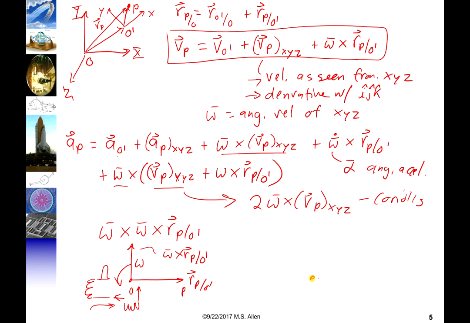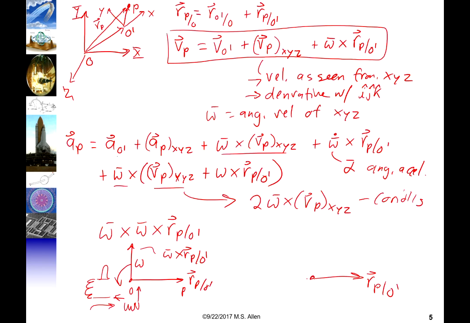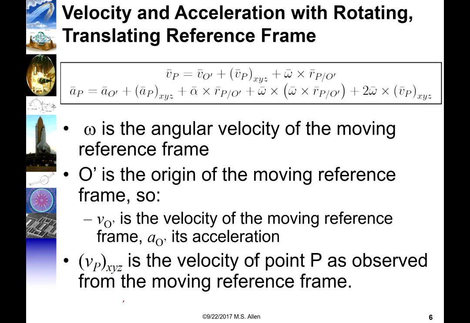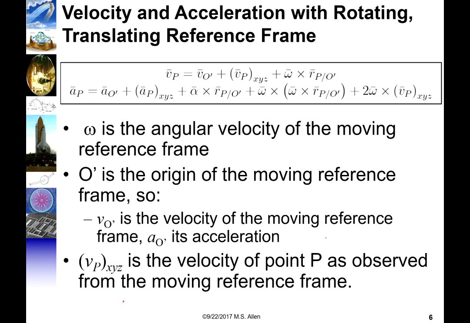So what we get in the end, if we had r_P/O' this way, then we'll have that derivative will be a vector pointing this way. So it's in the opposite of the radial direction. So all of that is just to show that this is the minus omega squared r term that you're used to from dynamics.